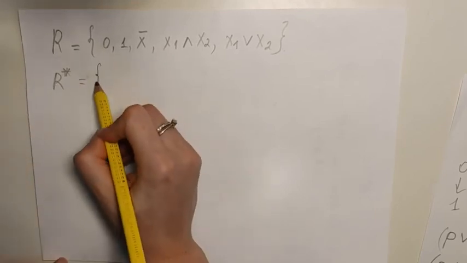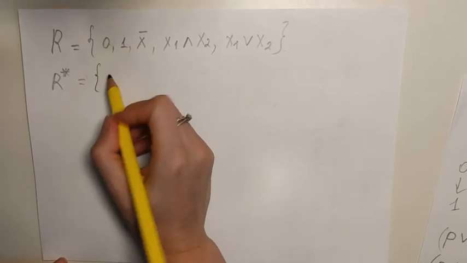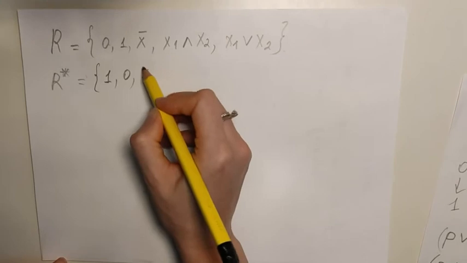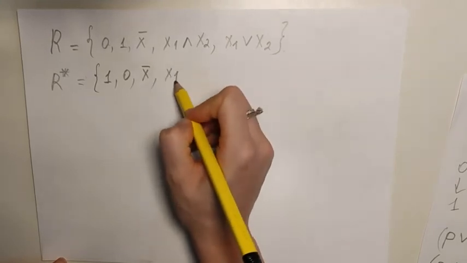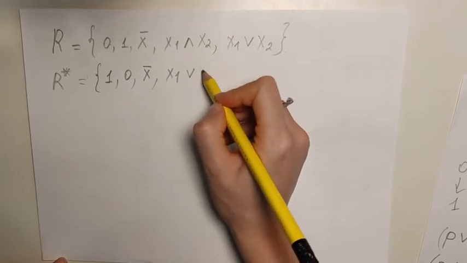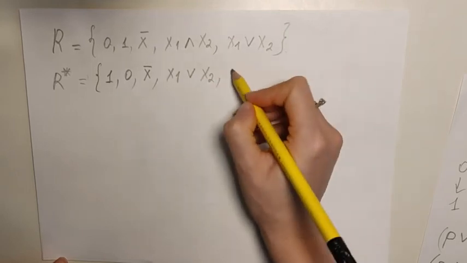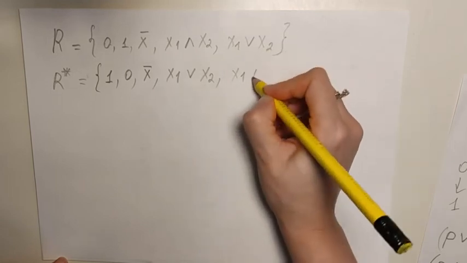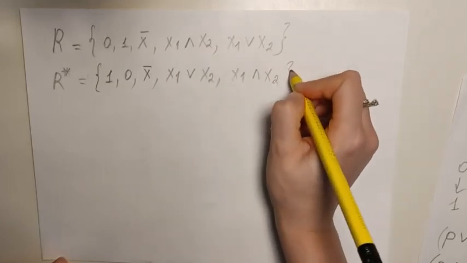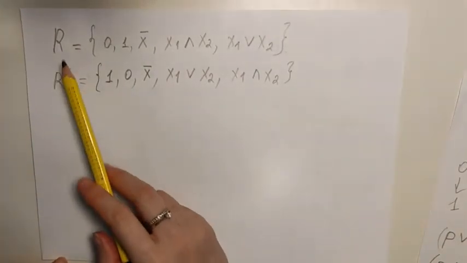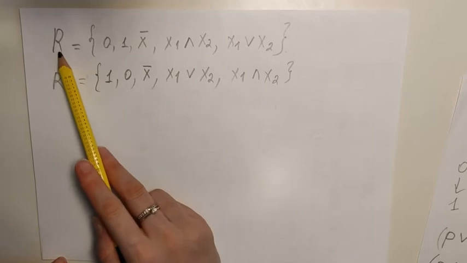Then R prime will be, we replace 0 by 1, 1 by 0, x negation remains the same, x1 and x2 will be x1 or x2, and x1 or x2 will be x1 and x2. So R star is the duality of R.